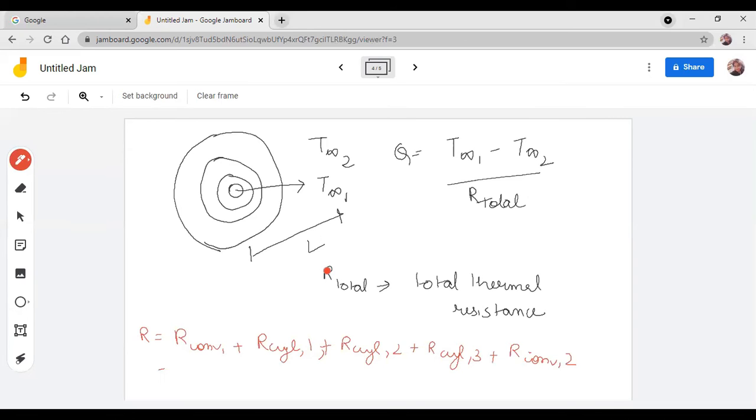This will be equivalent to 1 by h1 A1 plus ln of r2 by r1 over 2 pi L.